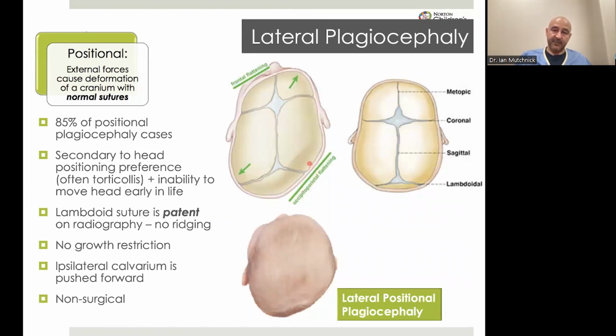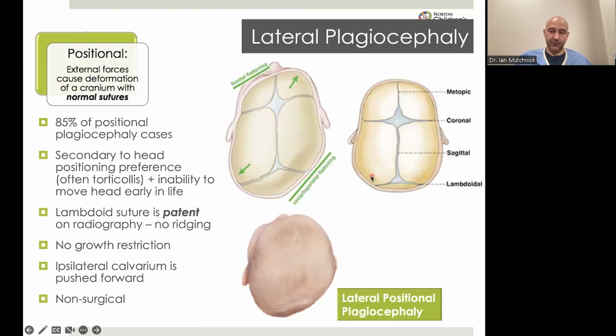You can get some compensatory shifting forward of the ear on the same side. With a lambdoid synostosis, it's actually an alteration of the skull on the contralateral side. But here, everything is ipsilateral, and depending on how much force, time, and pressure has been applied here, you can get an ear that moves forward or an ipsilateral frontal bossing.